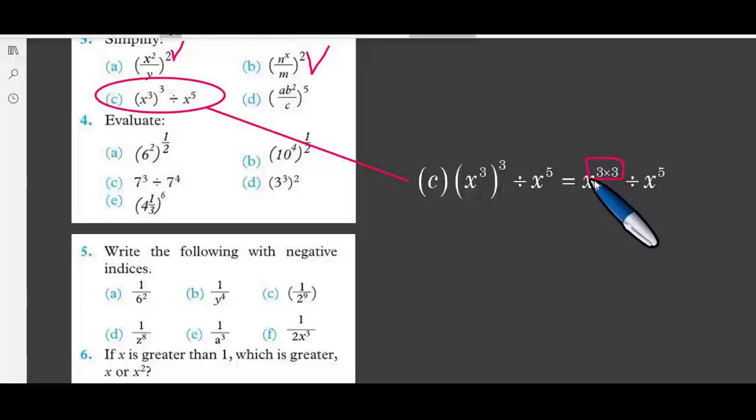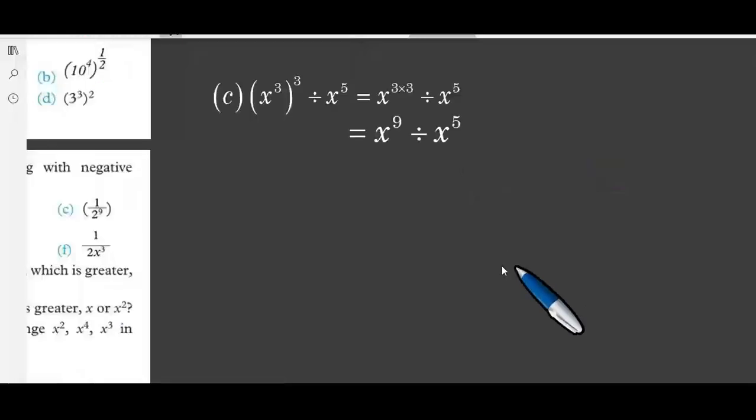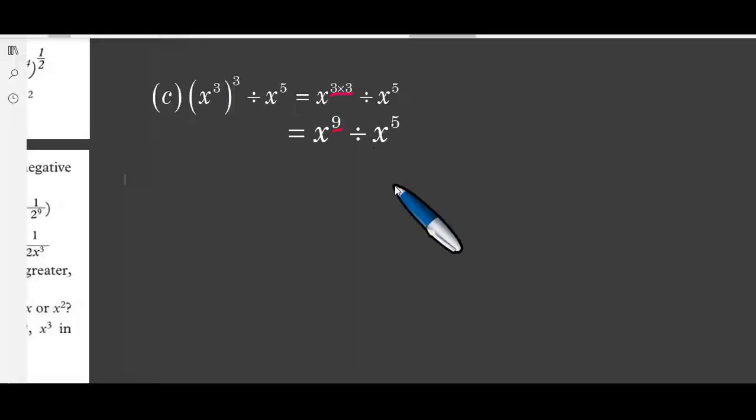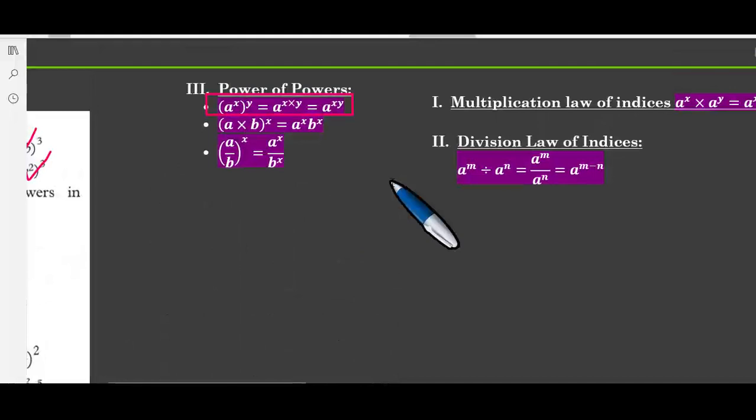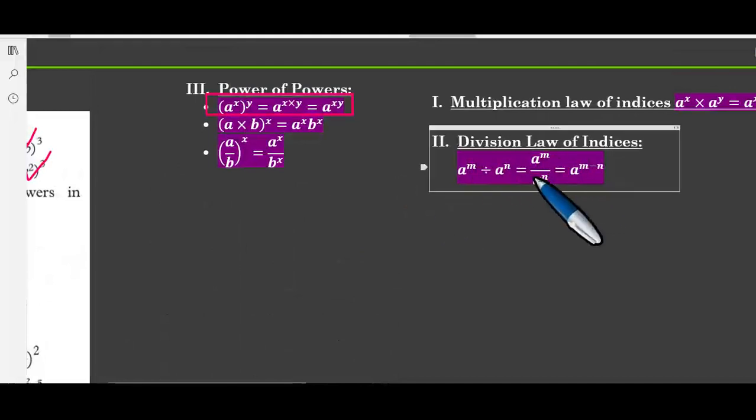That law is applied the first way, and then 3 times 3 we got 9 like this. At this step we apply the division law of indices.